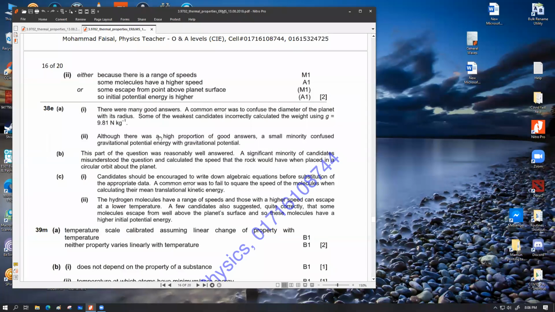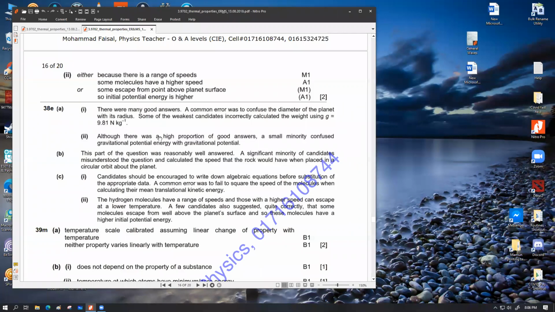In 38C2, why isn't there any mark for saying that the kinetic energy is the average of all the hydrogen molecules? There's no marking point for saying that kinetic energy is the average of all the kinetic energies of all hydrogen atoms.